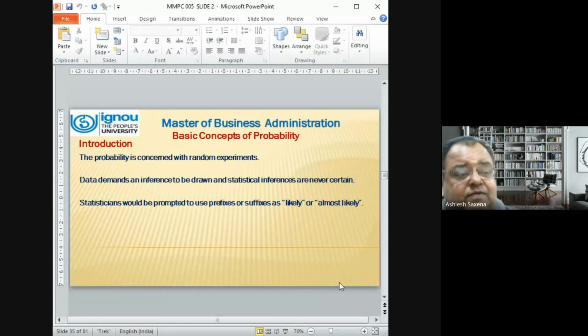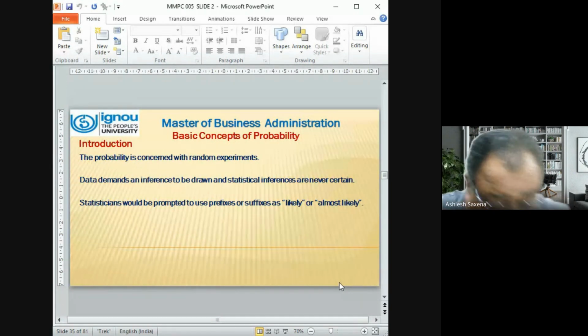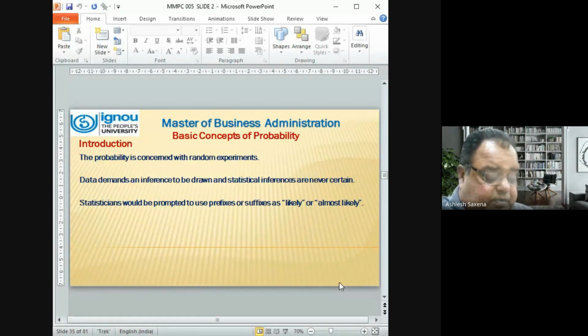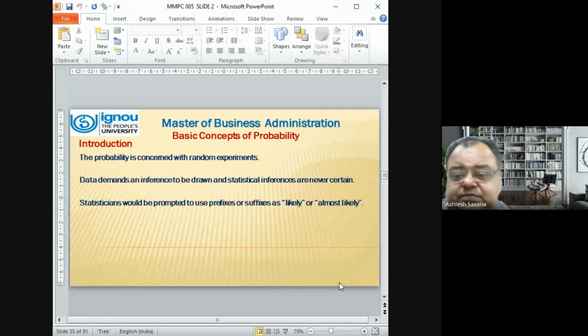This is one of the most important parts of the subject and a part which requires imagining, because this is probability.